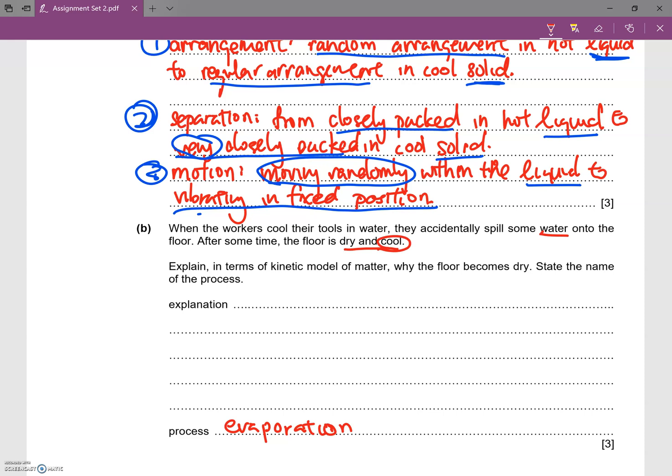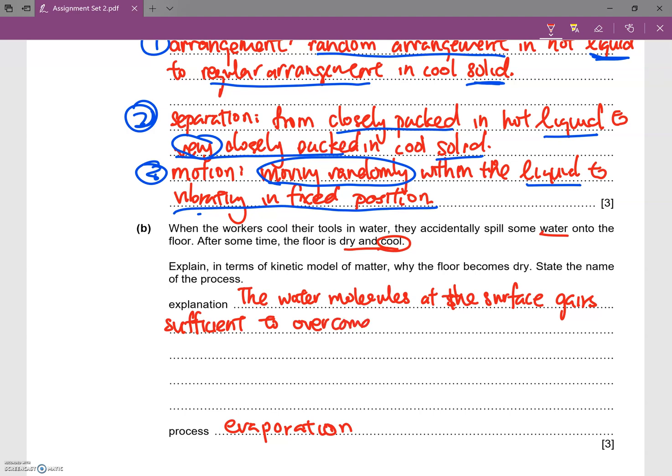So the explanation is the water particles, or the water molecules, gain sufficient energy at the surface from the surroundings to overcome the intermolecular force of attraction and atmospheric pressure.